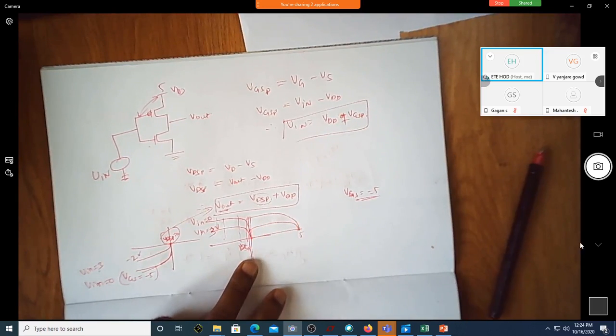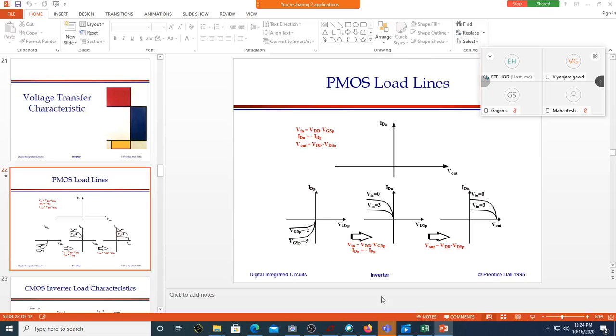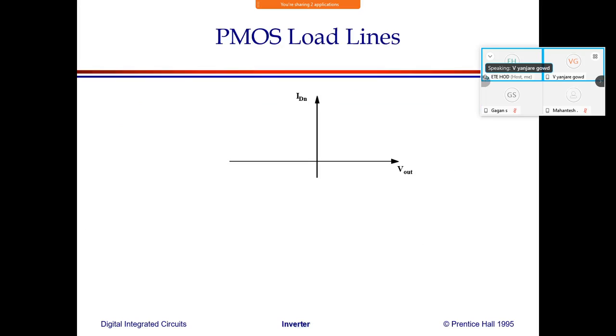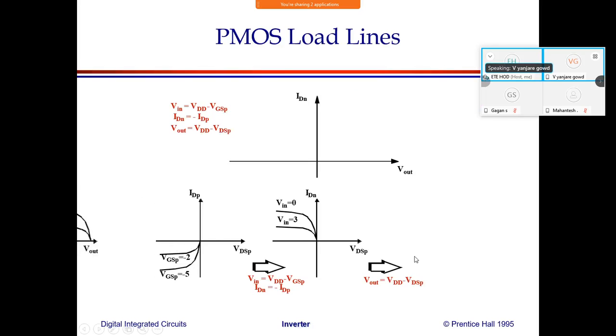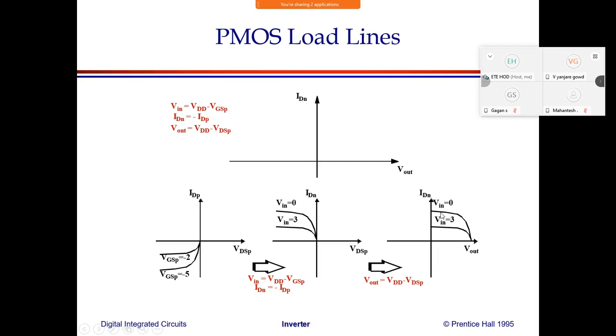That's what I have here. Can you see now? So this is the output characteristics of the PMOS transistor, considering VDSP in terms of Vout and VGSP in terms of Vin.